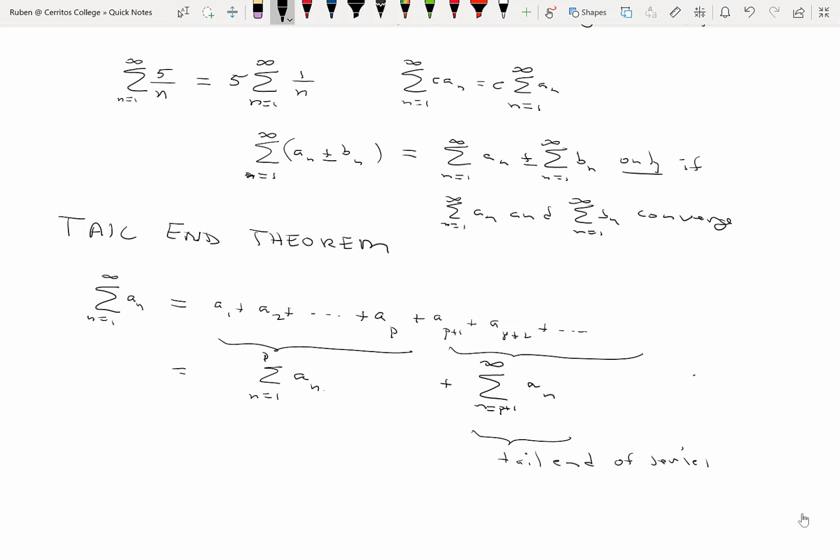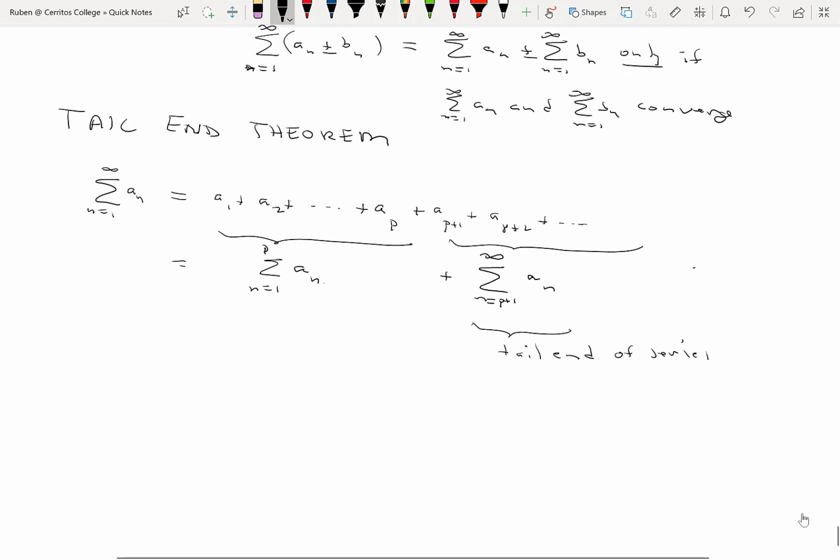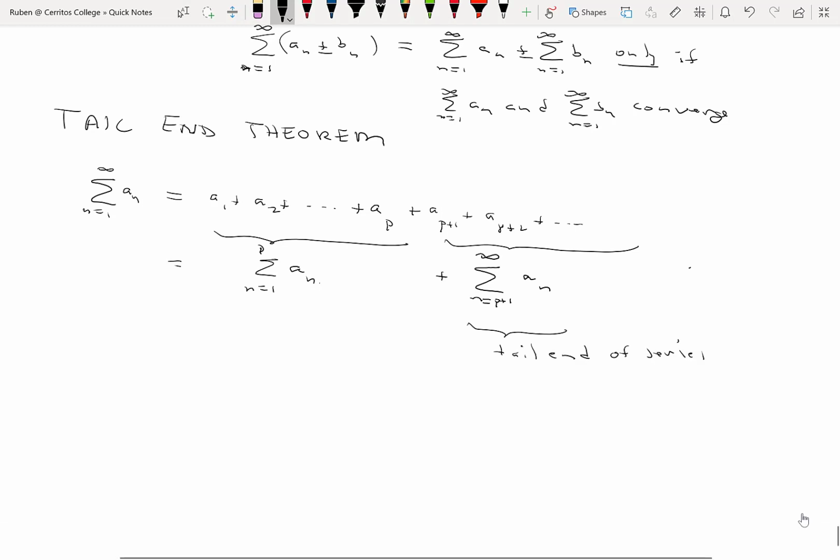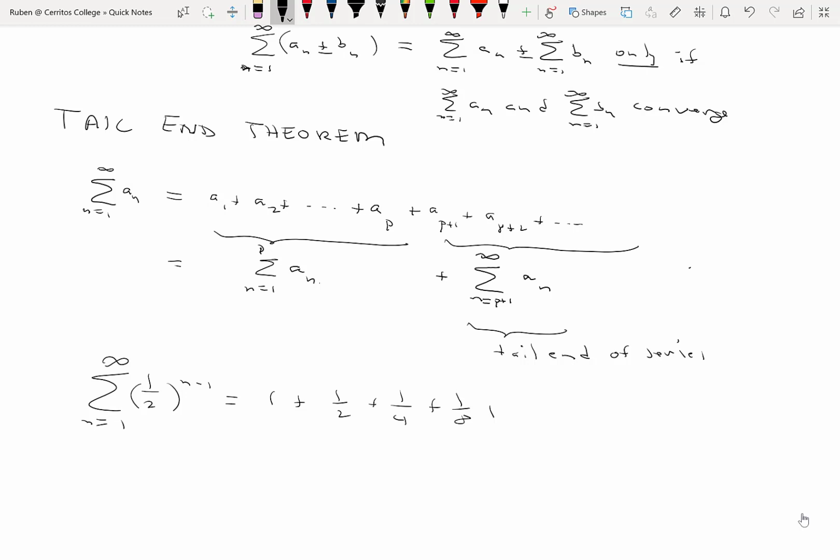Okay? In the pizza example of convergence, in the geometric series 1/2 to the n minus 1, n goes from 1 to infinity, we had one pizza plus a half a pizza plus a fourth of a pizza plus an eighth of a pizza, etc., etc., and that converged to 2.